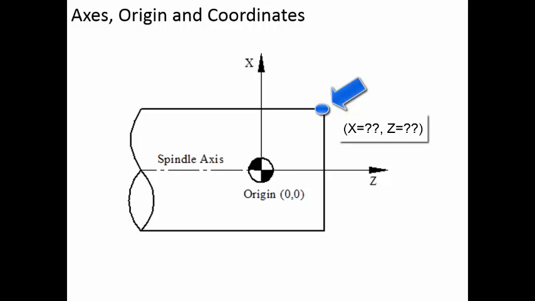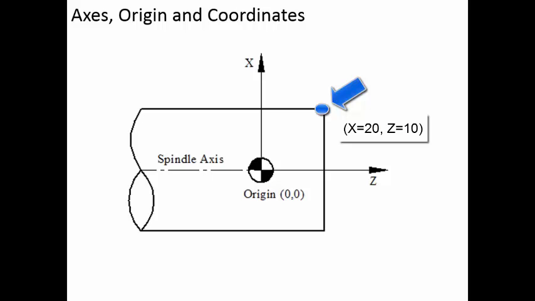At this point the diameter is 20, or in other words, from here to here the distance is 10, so 2 times the distance, 2 into 10, equal to 20, is the x coordinate. Then what is the z coordinate? From here to here, we know it is 10. So the coordinates at this particular point are (20, 10).